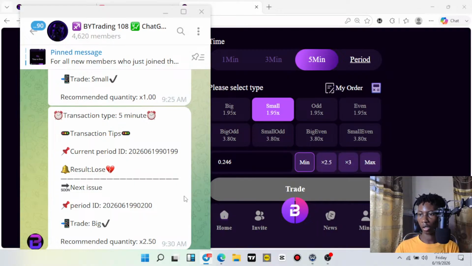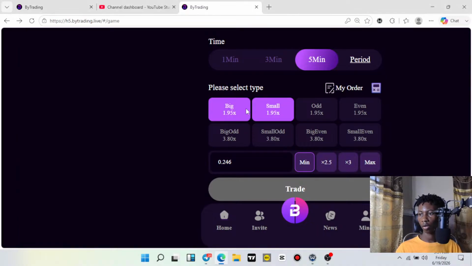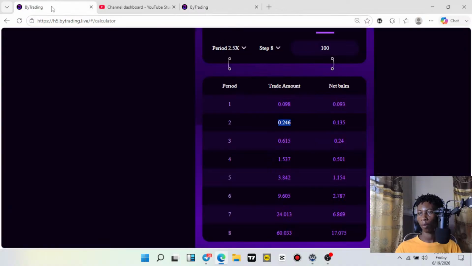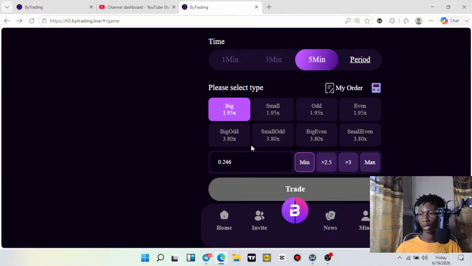So they actually encountered a loss on that very particular trade. This time around, they told us to go with big, and currently we are at phase 3. So I just have to copy the phase 3 amount, go back here, paste it right here and click on the trade.